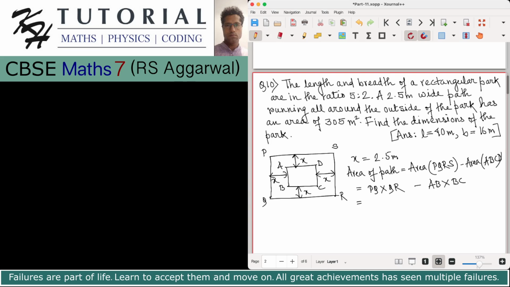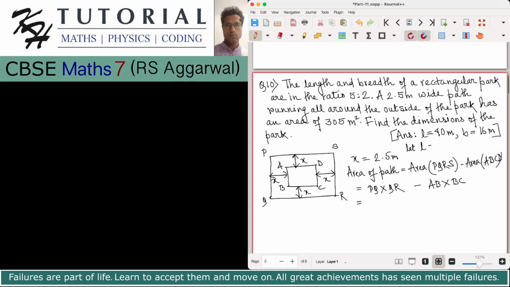So let's say we need to assume the length and breadth of the rectangular park. Now since the ratio is given, L and B are used to denote the length and breadth of a rectangular plot.